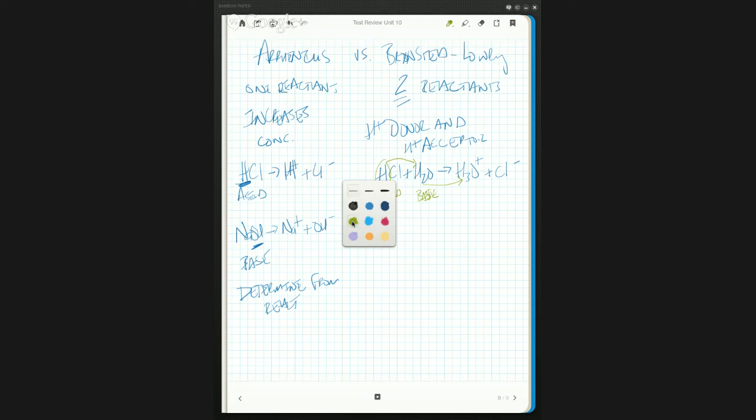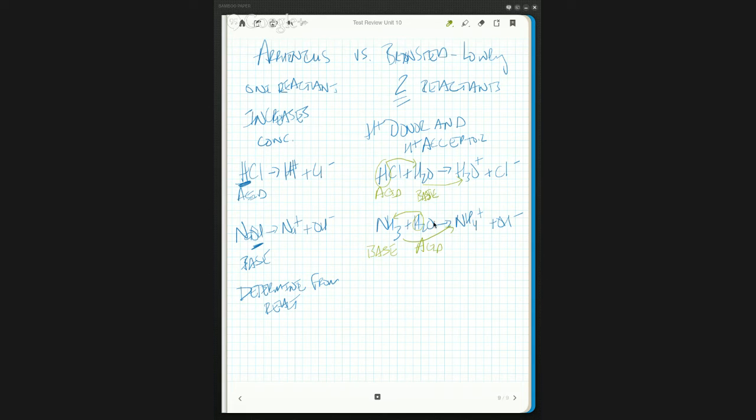If I did this, NH3 plus H2O, and in this case, we end up with NH4 plus OH minus. Now what happened is that an H ended up going to the NH3, and the NH3 became NH4 plus, which means that the H2O is the acid and the NH3 is the base.